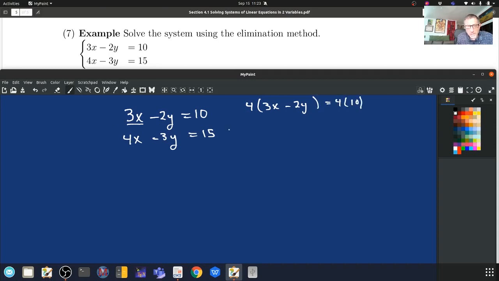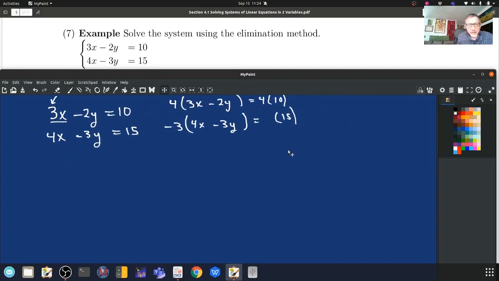I chose 4, the coefficient of x in the bottom equation, to multiply the top equation by. For the bottom equation, I'm going to choose the additive inverse of the coefficient on x of 3. So that's going to be minus 3.